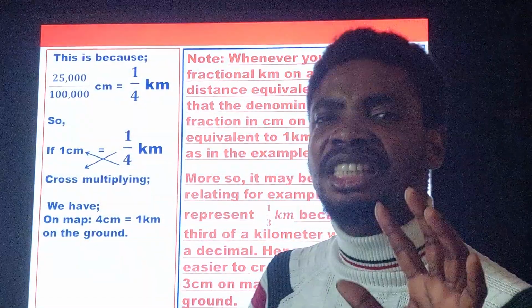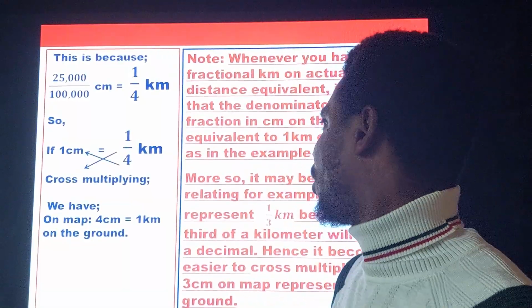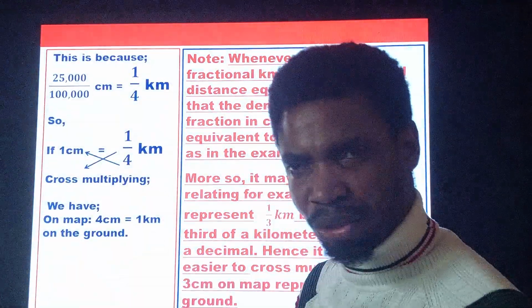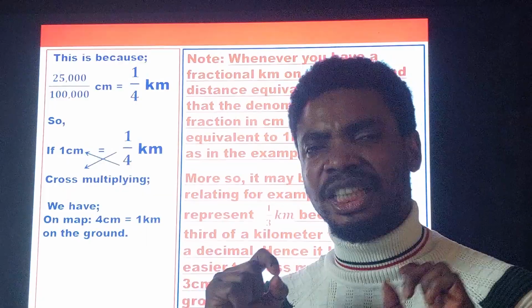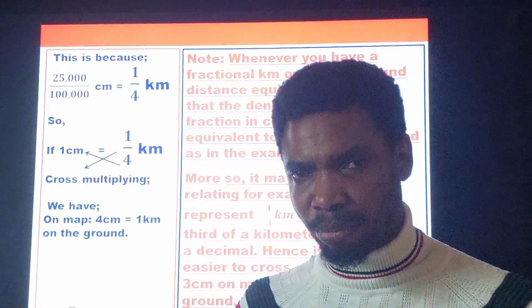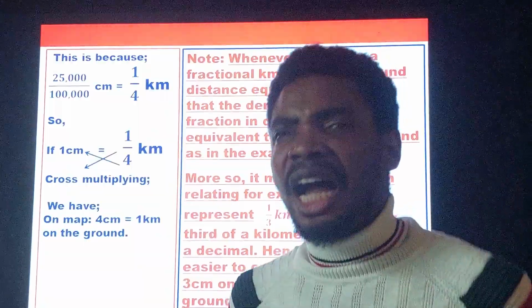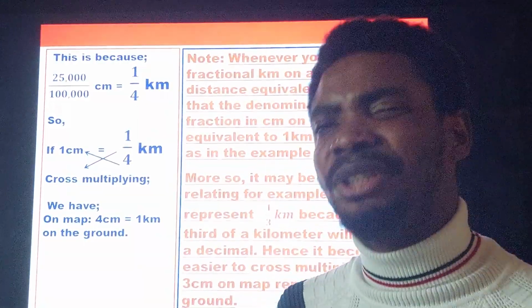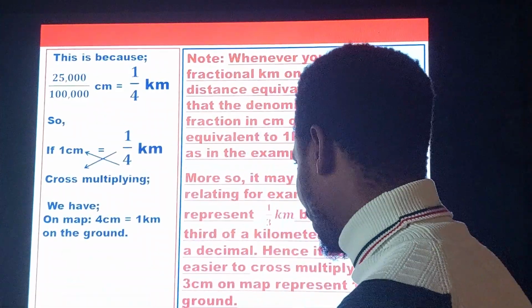So it is easier, it is understandable to say 4 centimeter on the map represent 1 kilometer on the ground. Meaning that if you measure 4 centimeter on the map, that 4 centimeter represent 1 kilometer. And if you measure 1 centimeter on the map, it represents 1/4 of a kilometer on the ground.